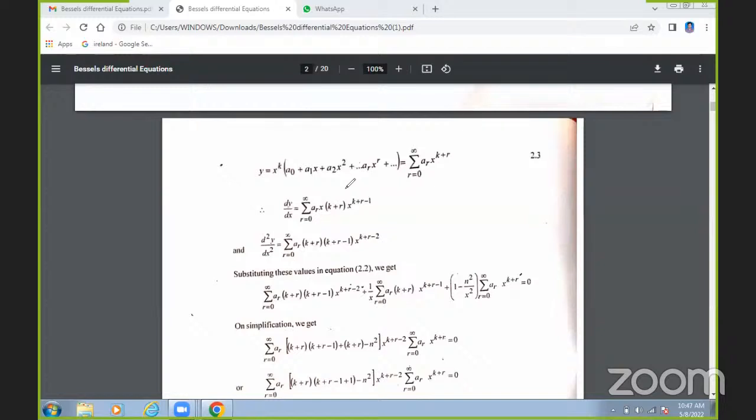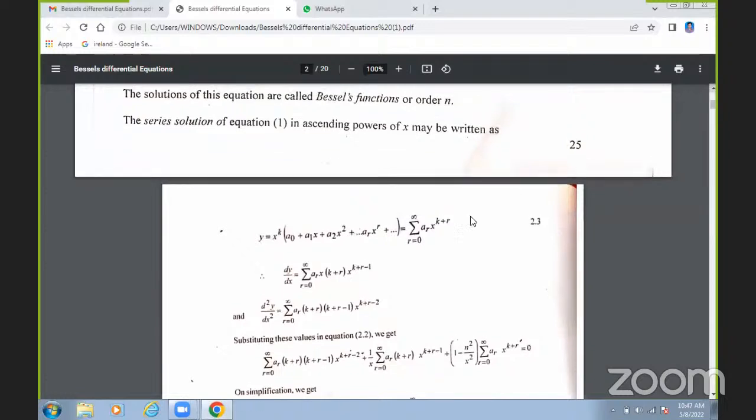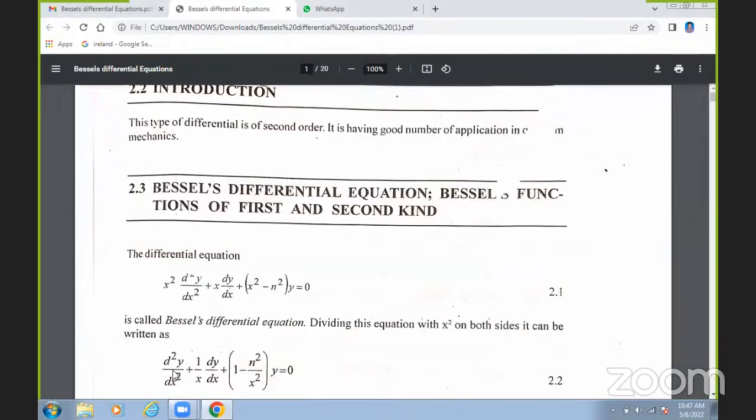Now in the Bessel's differential equation we have dy by dx, the first order derivative, and d square y by dx square.